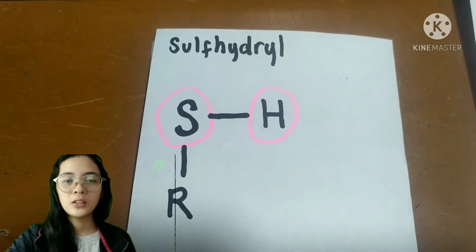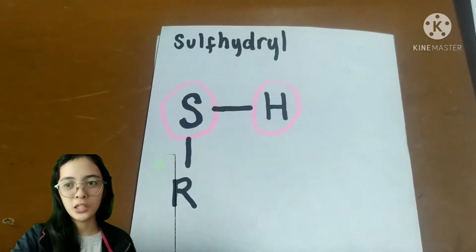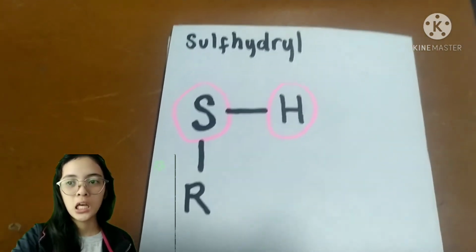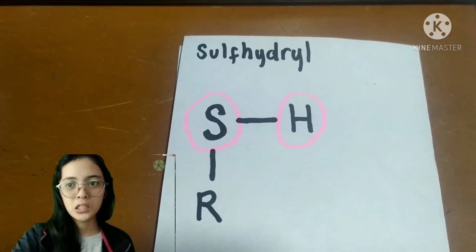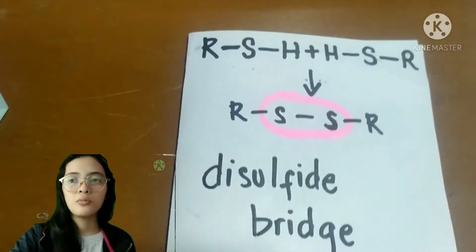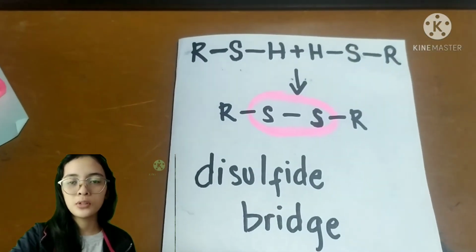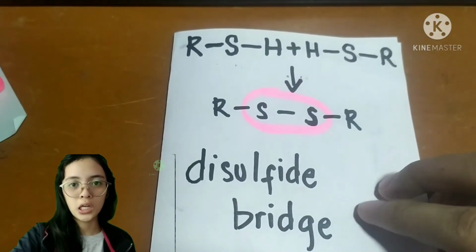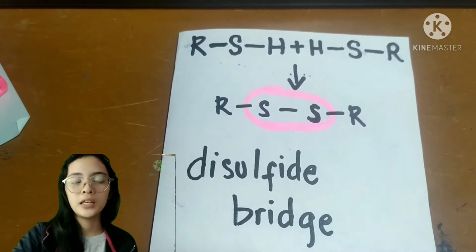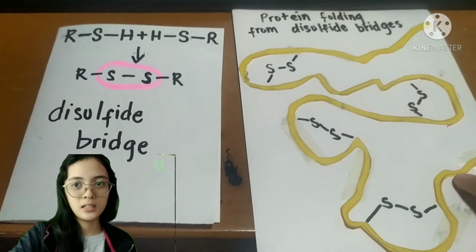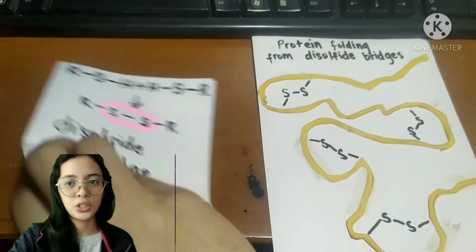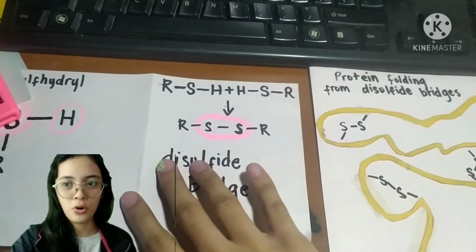Sulfhydryl group. It consists of a sulfur bonded to a hydrogen. Sulfhydryl groups are important in determining the shape of proteins because they are close to one another. They can form a disulfide bridge that creates turns and bends in a protein chain, and that determines the protein's overall shape.